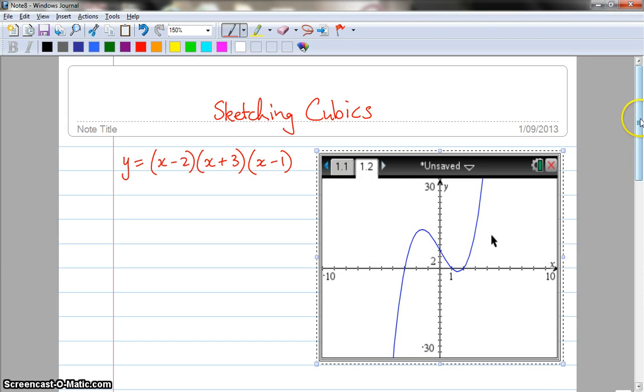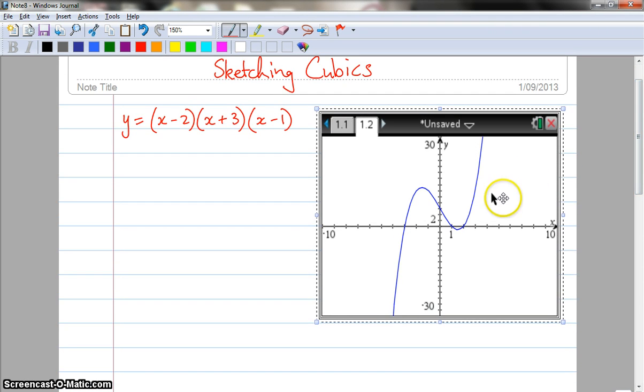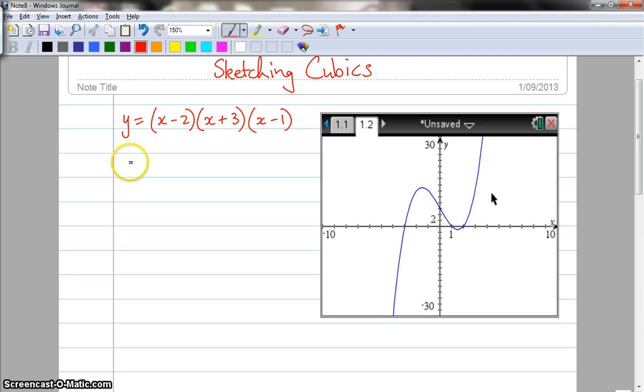So I'm going to put that across over to here in my document, and now I want to explore how I find out the x-intercepts and the y-intercept as well. We could do this with a calculator or by hand. I'm going to do it by hand. Well, I know that the y-intercept is always when x equals 0.